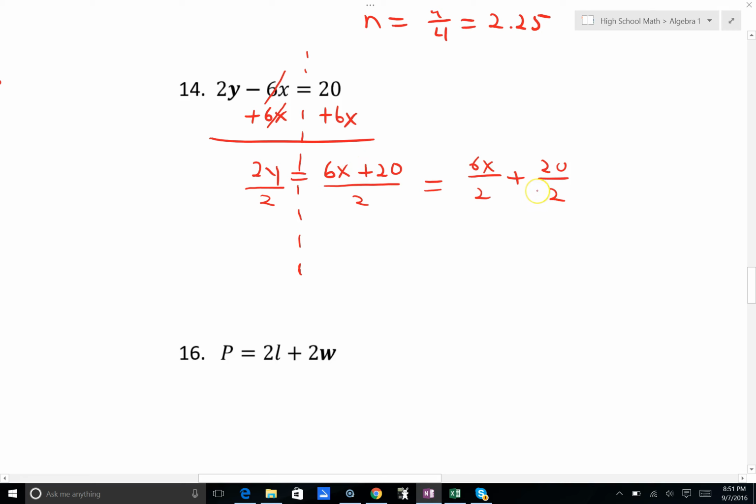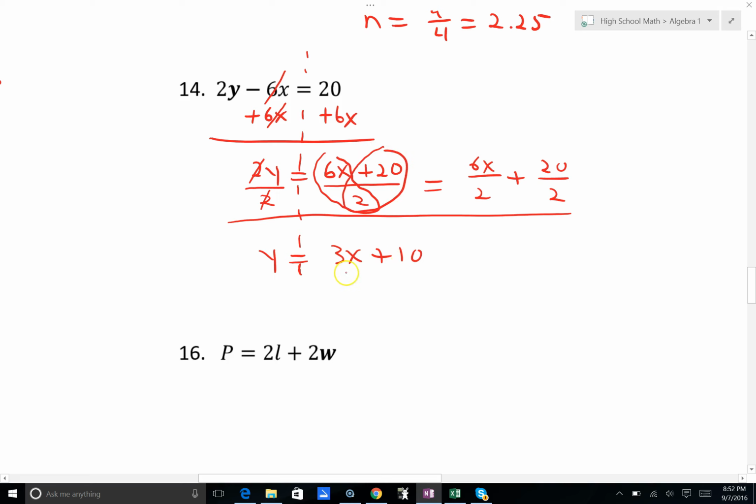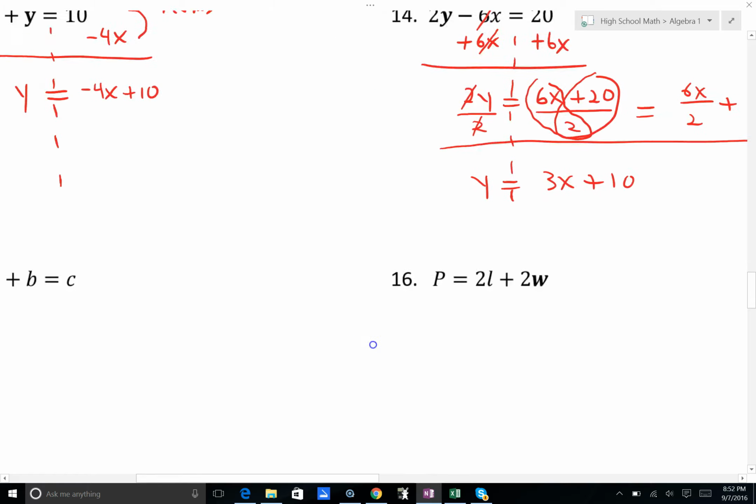This one perhaps is a little easier to see what we'll be left with. 2 divides 2 leaves y. 6x divided by 2 is a 3x. 20 divided by 2, that's 10. You could easily progress from this statement to this statement, realizing that 6x divided by 2 is going to be 3x, and 20 divided by 2 will be 10. Y is equal to 3x plus 10.